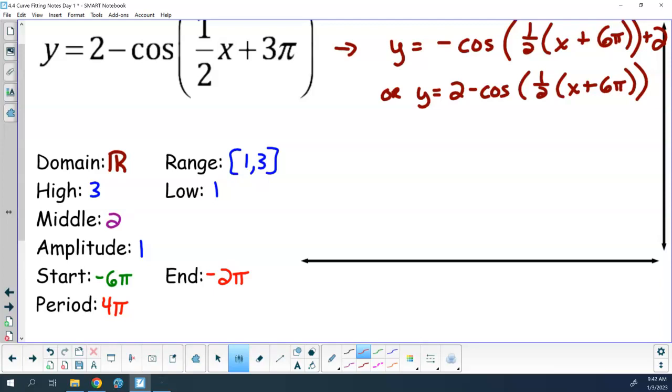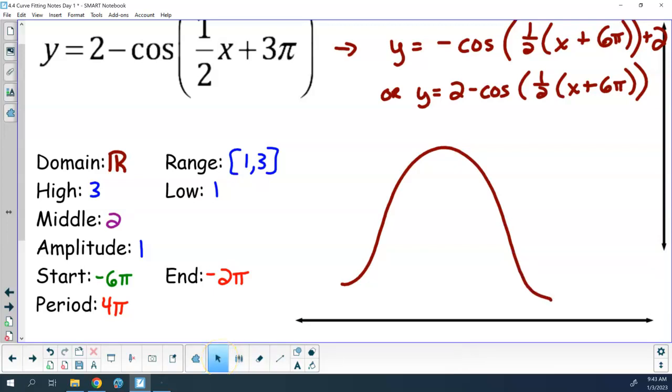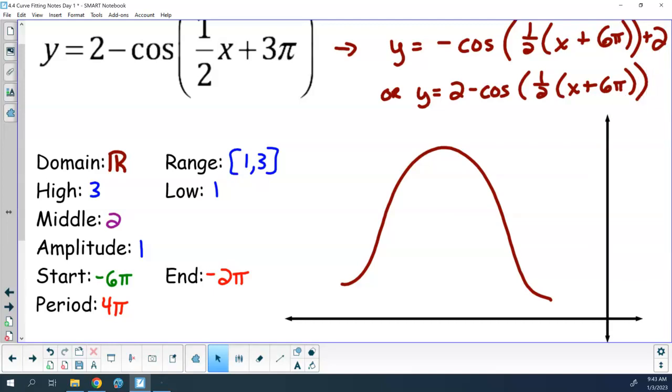Cosine starts off on high, middle, low, middle, high. Normally, but a negative a value flips that over, so we're actually going to start low. Go up to high, come back down to low. Horizontally, we would be there. Vertically, we would be in there somewhere.